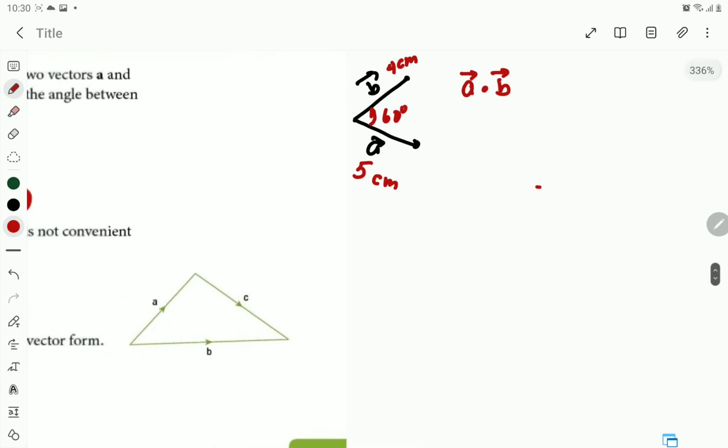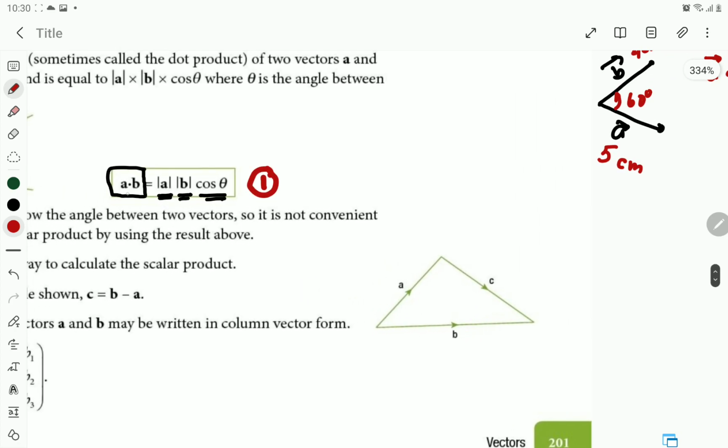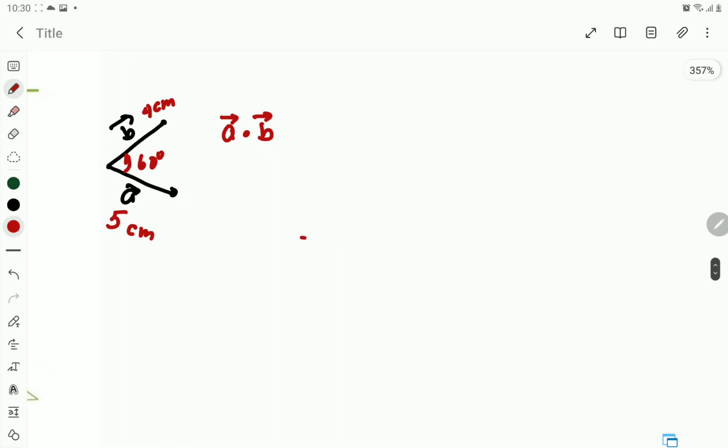Take a look, these are vectors. These two are vectors. What it says is that you take the length of A times the length of B, okay, times the cosine of the angle between them.